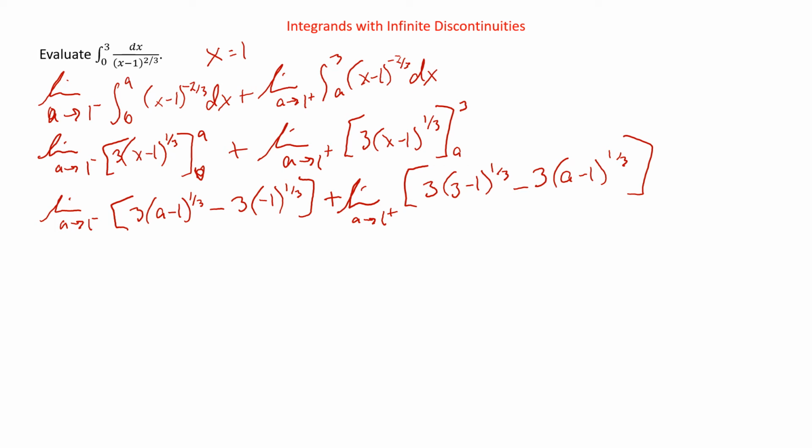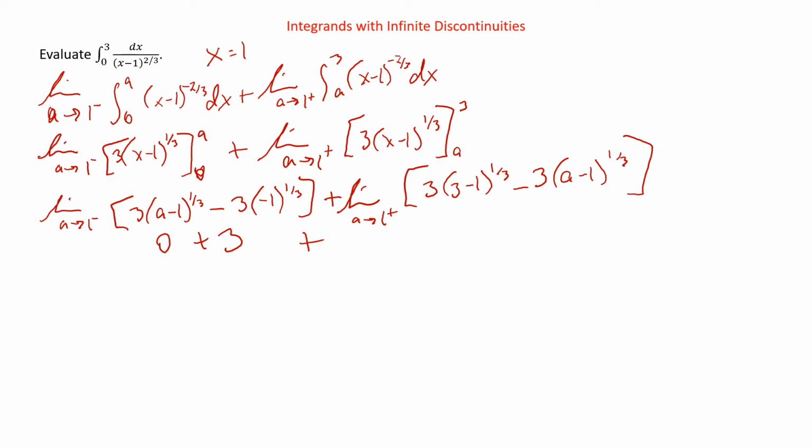So let's plug in that value. So plug in 1. So we have 3 times, well, that's 0 to the 1/3 is 0. Minus, so we have 3 times negative 1 to the 1/3. So the cube root, it keeps the sign, so that's negative. So that'll be just a plus 3.